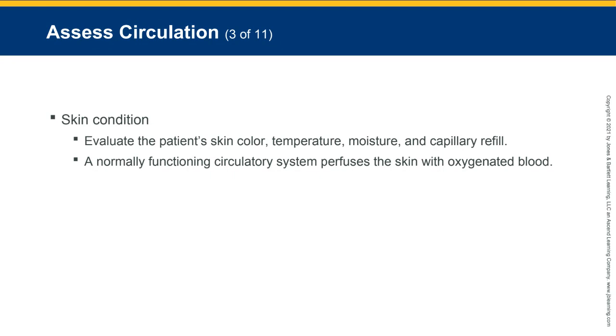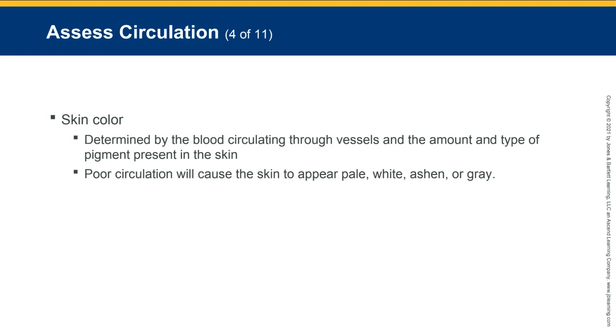A normally functioning circulatory system perfuses the skin with oxygenated blood. That's the main purpose. Perfusion. Now with skin color determined by the blood circulating through vessels and the amount and type of pigment present in the skin. Poor circulation will cause the skin to appear pale, white, ashen, or gray.